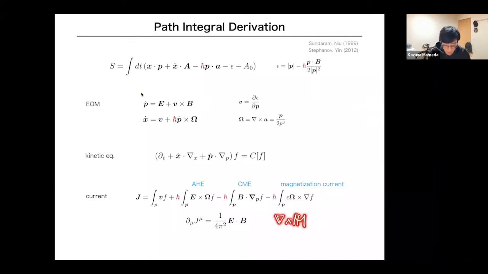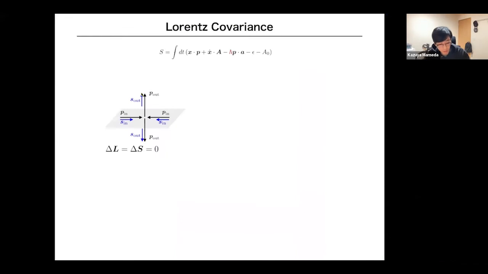So this is a magnetization current. Another important point is that due to the anomaly, the divergence is non-vanishing, so we have an anomaly term on the right-hand side of the divergence of J. So far, we have roughly talked about the basic concept of the chiral kinetic theory.